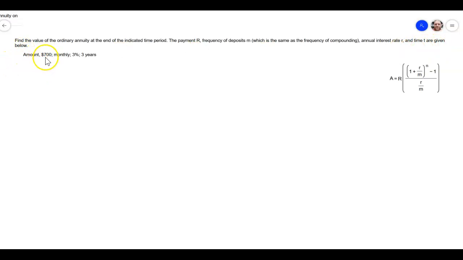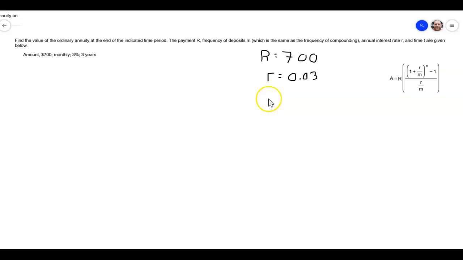All right, so it's $700 monthly, 3% interest for 3 years. So let's first go ahead this time and identify all of our notation. So the monthly payment, that's equal to $700. According to that, our interest rate in decimal form is 3%, so 0.03.